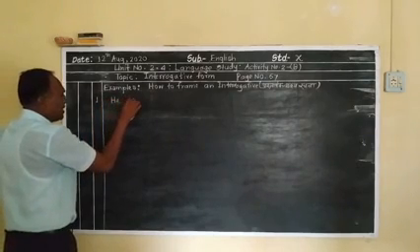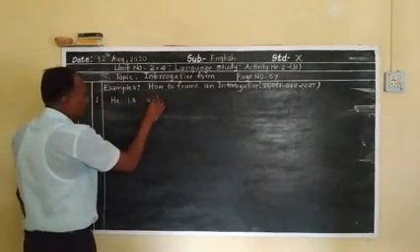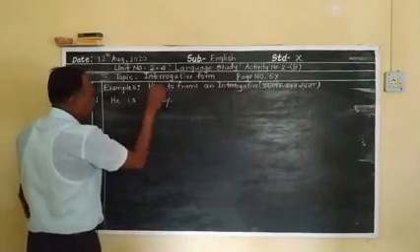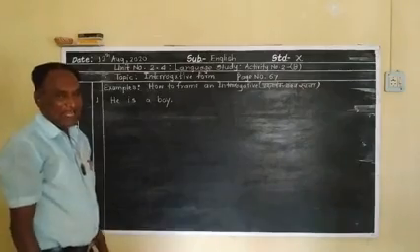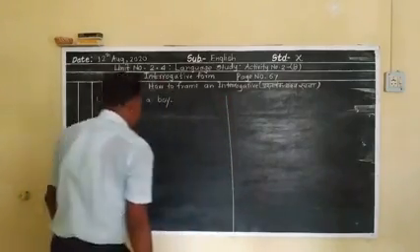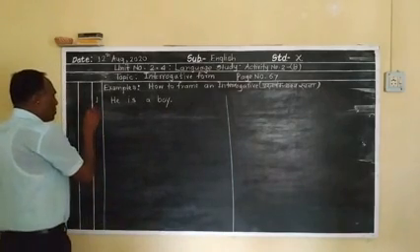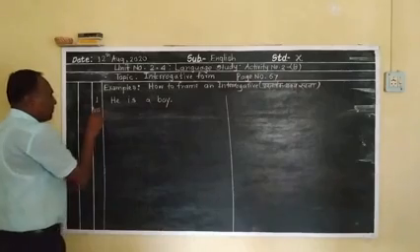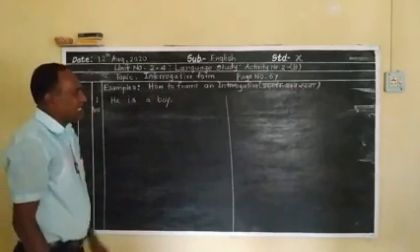Let's learn the examples. Number 1. He is a boy. It is an assertive sentence, student. How to frame an interrogative?